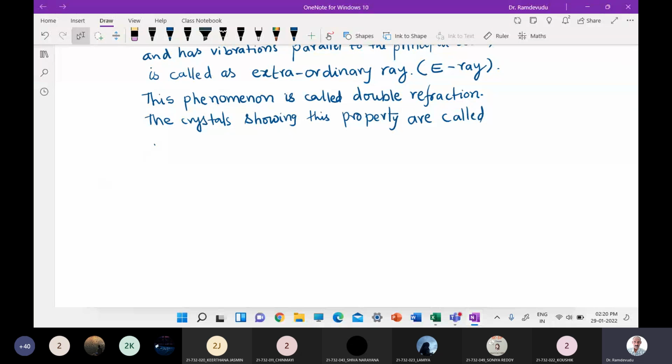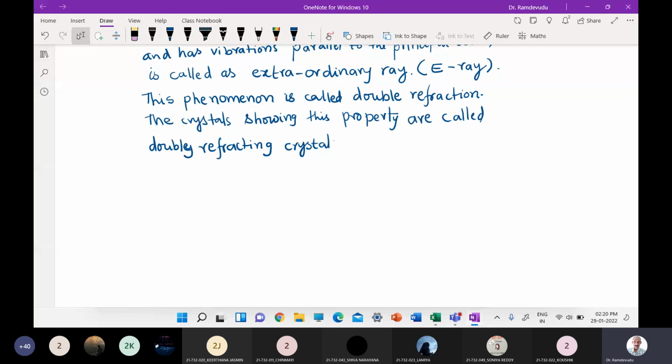So therefore, we can produce a polarized light from an unpolarized light when the light is incident on doubly refracting crystals.